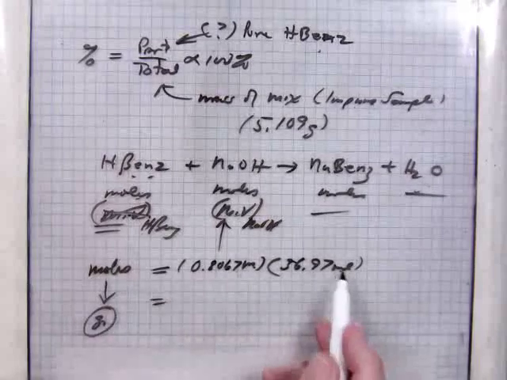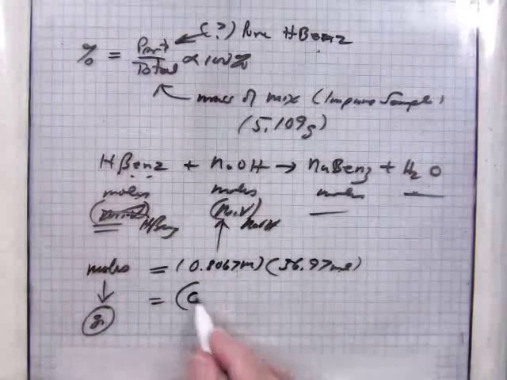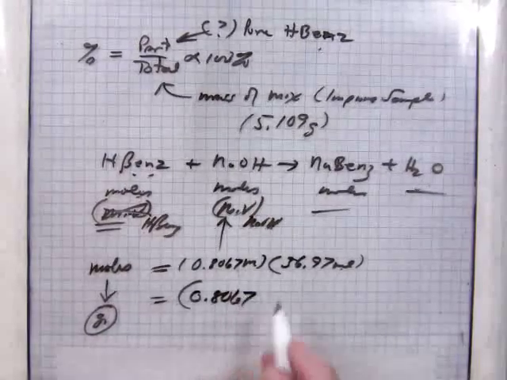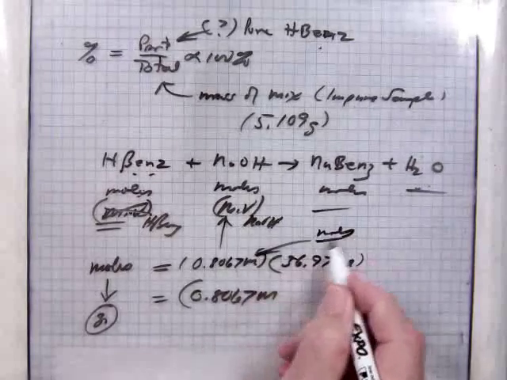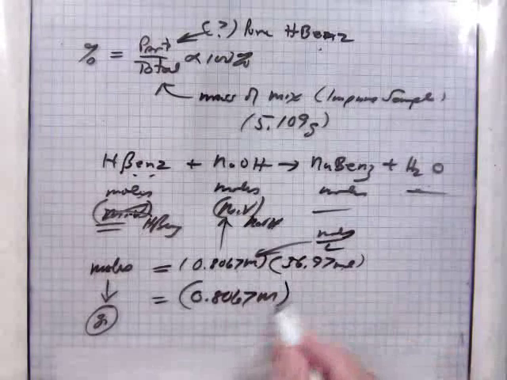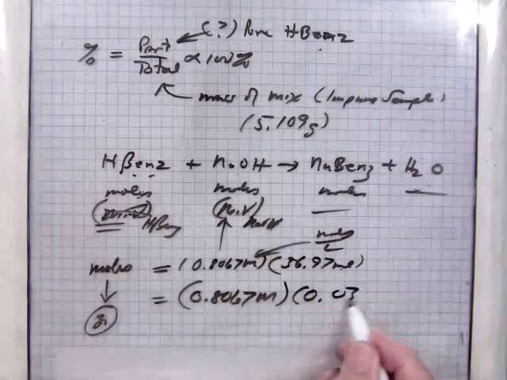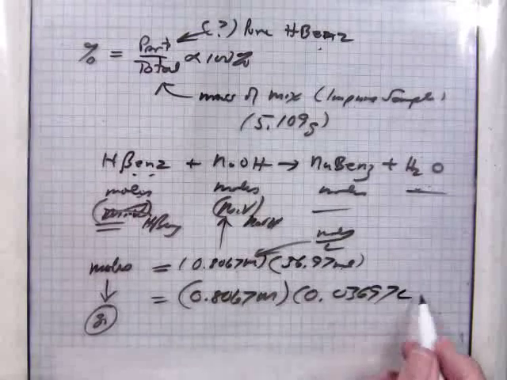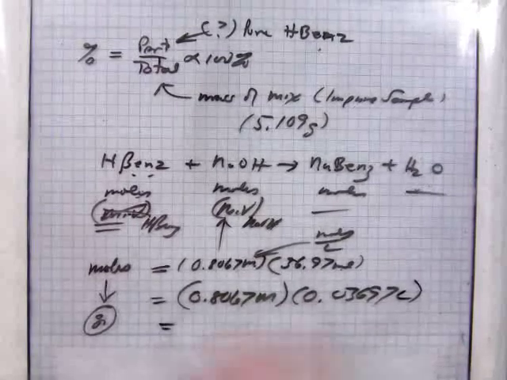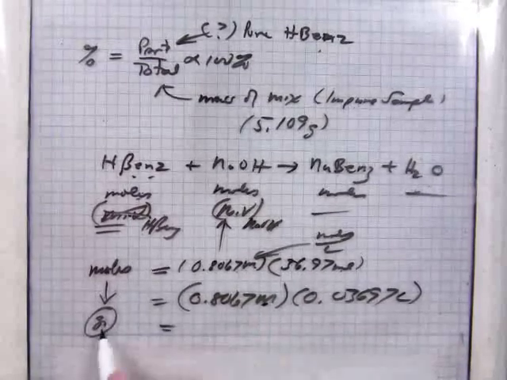That has to be in liters. So it's 0.8067 molar, and you recall that's moles over liters, times 0.03697 liters.